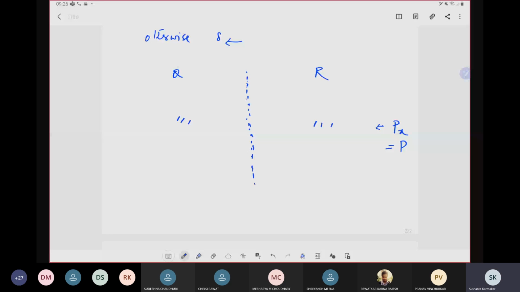What is my Q? Q is the sorted points, Q is essentially equal to Qx.